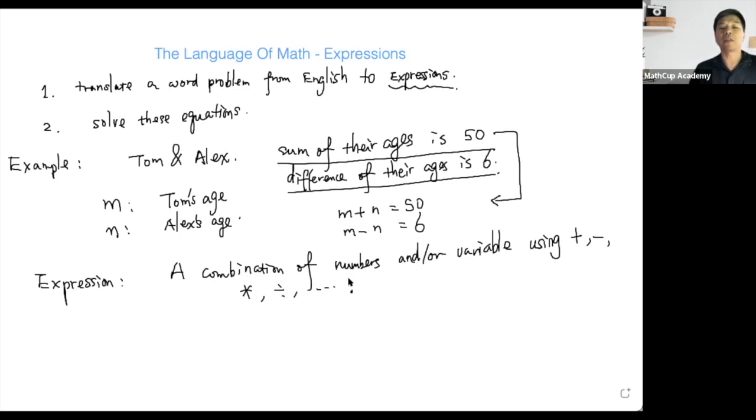We can combine those numbers and variables together, and that's an expression.